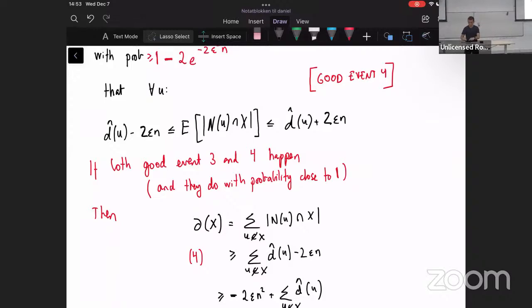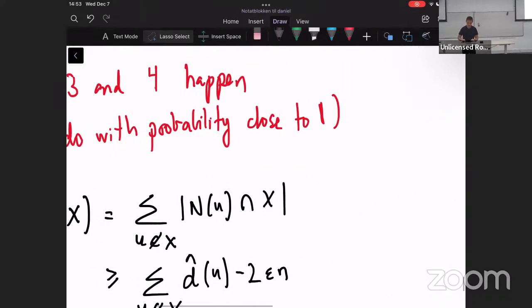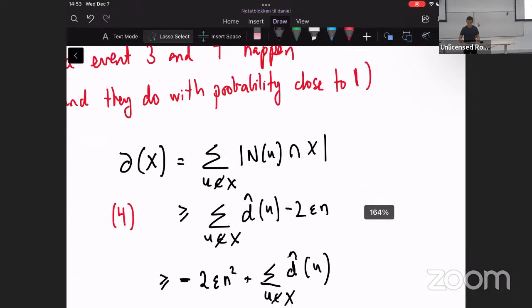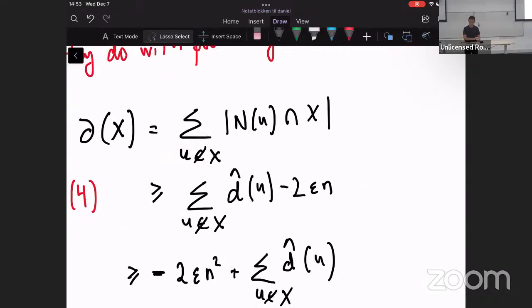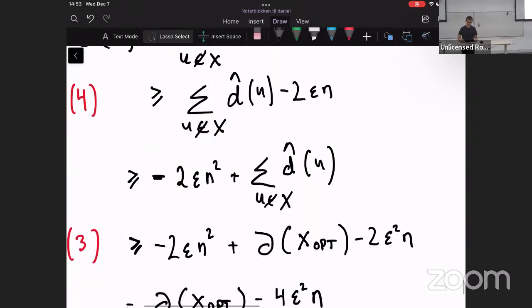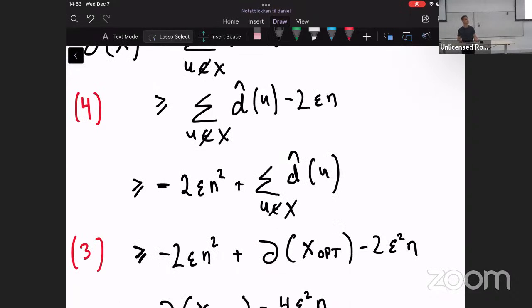Well, the cut of X is the sum over all vertices that are not in X of the number of neighbors this vertex has into X. But because for every vertex the degree estimate is close to correct, I can replace N of u intersection X by the degree estimate minus a tiny error term, because the good event happened. Now I take the minus 2 epsilon n out, and this is the sum over all u not in X of d hat of u.